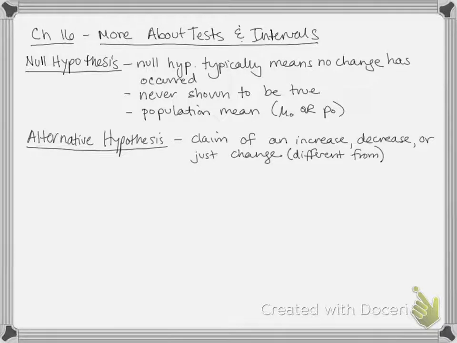Increase and decrease would literally be greater than or less than. And let's make a note that this is what you're interested in showing. So we always want to show that the alternative hypothesis is the truth here.